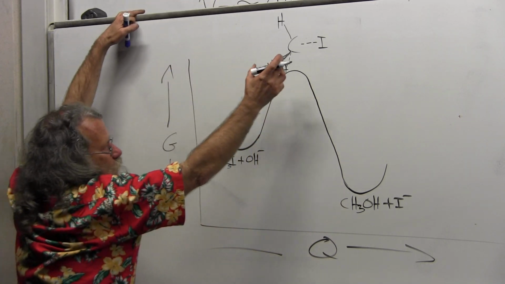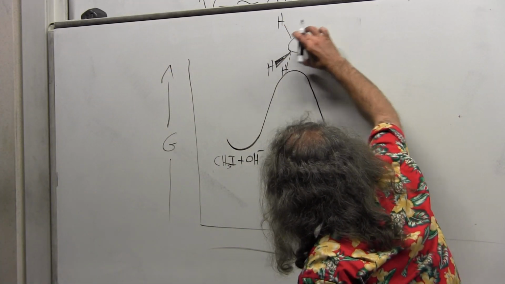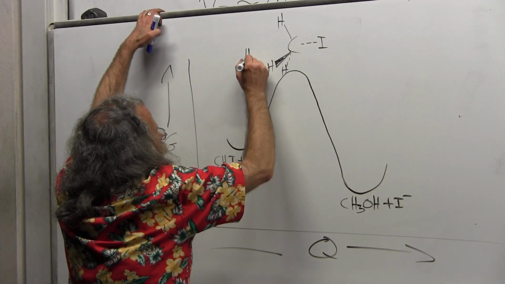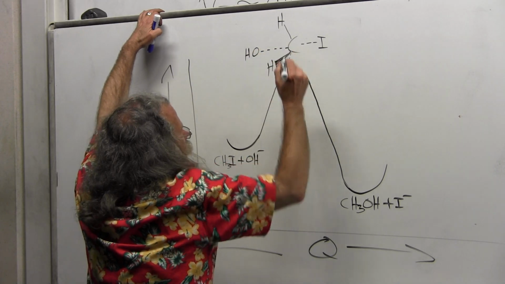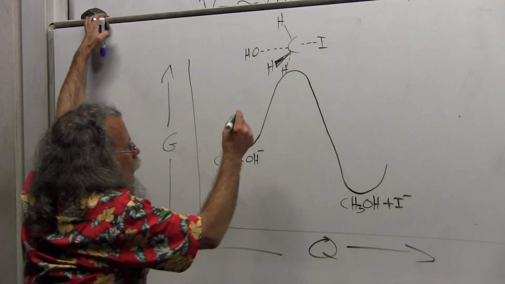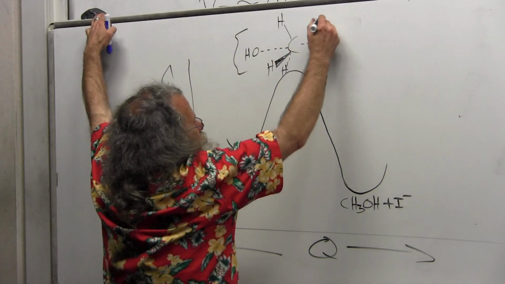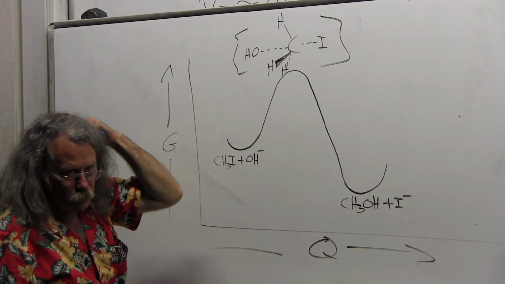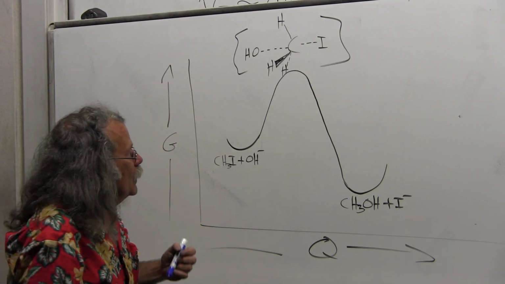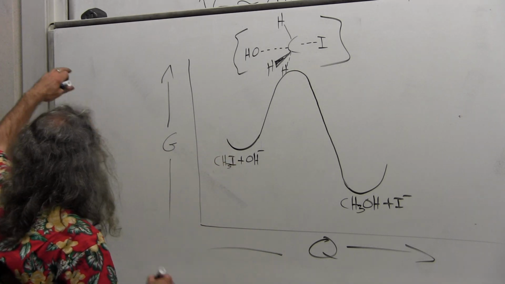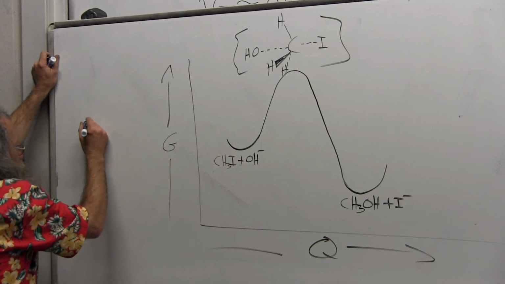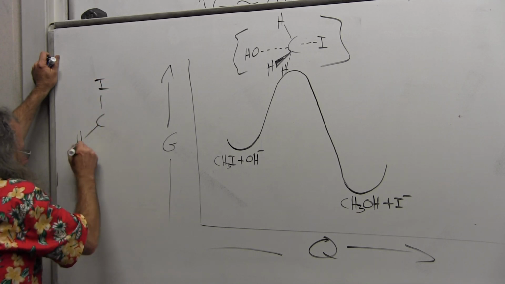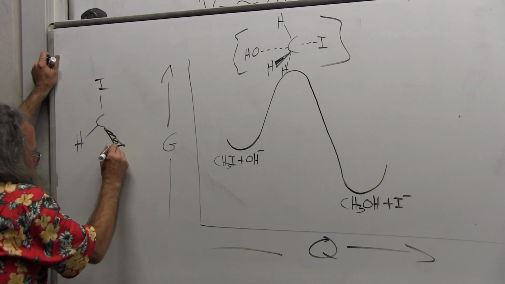It's puckered tetrahedrally so that this is the top of the tetrahedron, and the hydroxide ion is attacking on the opposite side, the back side of the leaving group. Are we going to have to be able to draw that? Yeah. Well, the main feature here is, since it's an early transition state, it's going to look more like, here's the iodide on top with a hydrogen here, a tetrahedral.